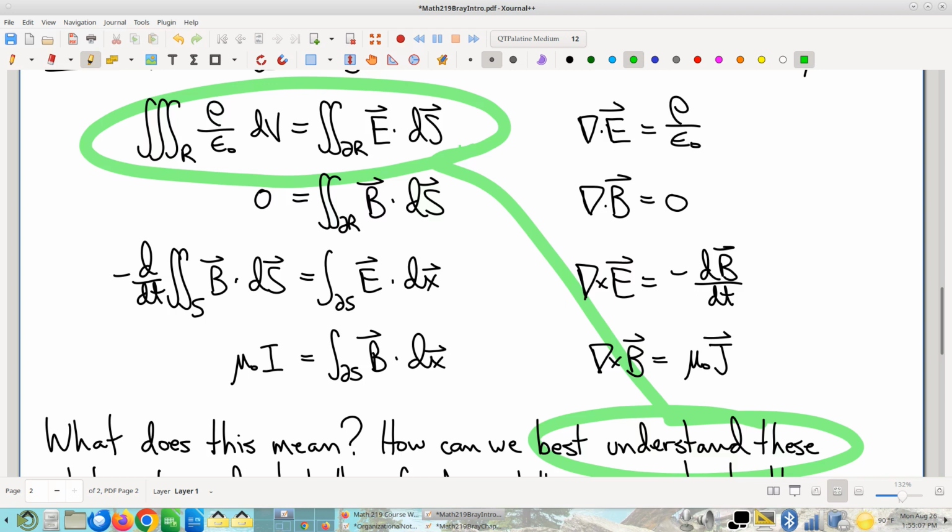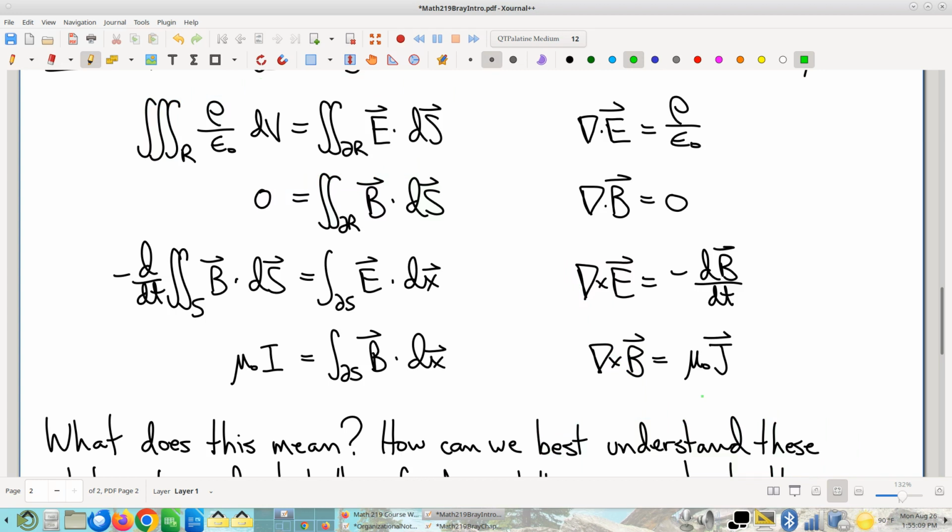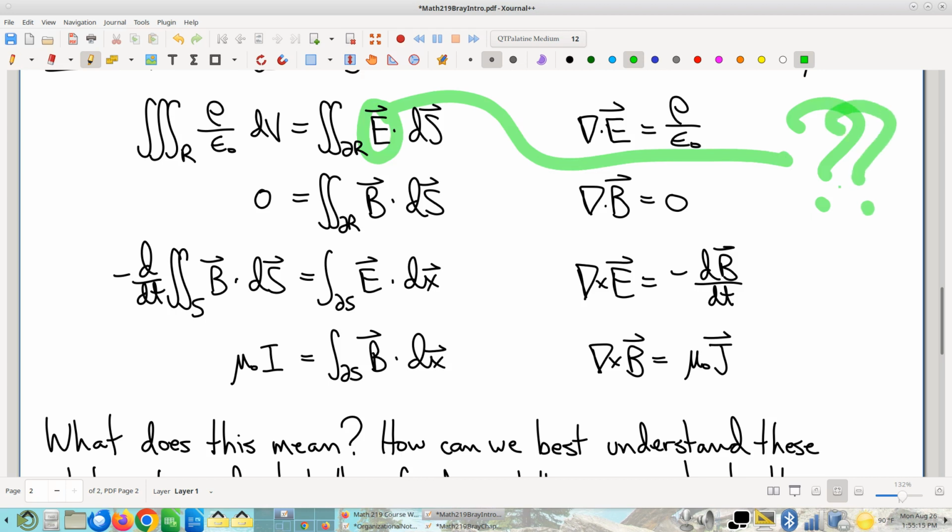Okay. And then, what does this statement tell me, for example, about electric fields? And it turns out that, in fact, that statement tells us something tremendously powerful and important for understanding physics about what is the nature of an electric field. And so that's another thing that we want to make sure that we understand.